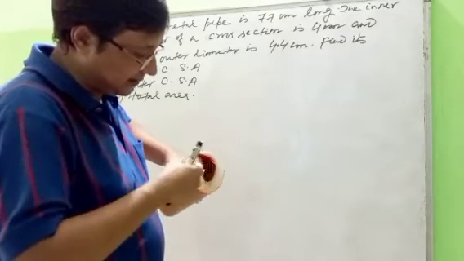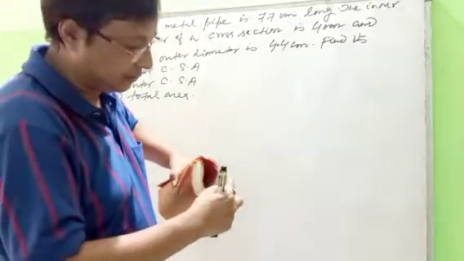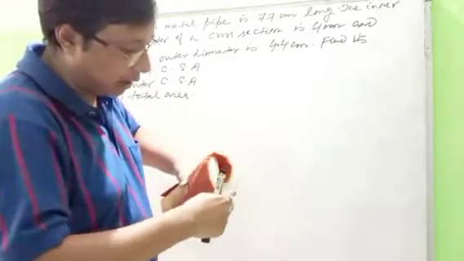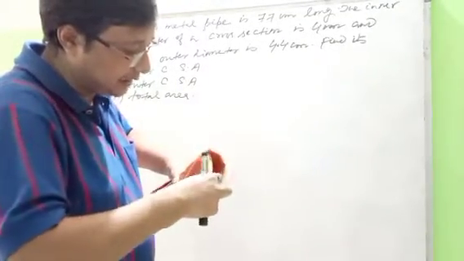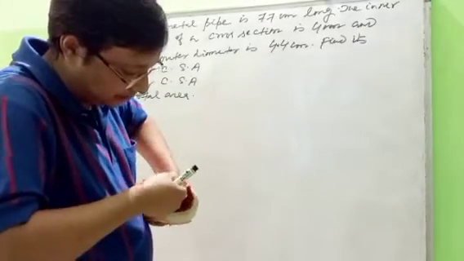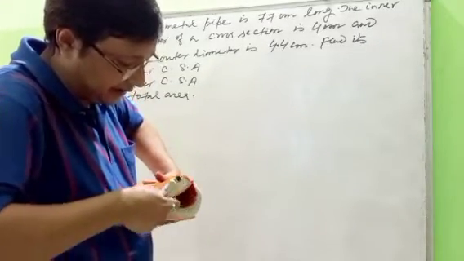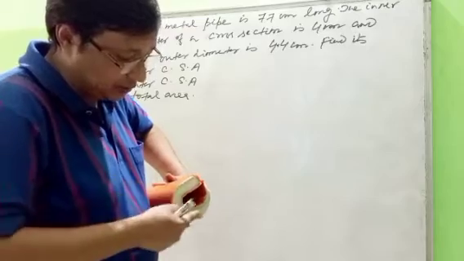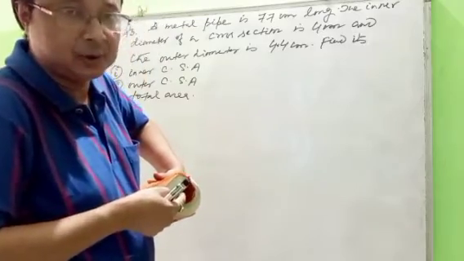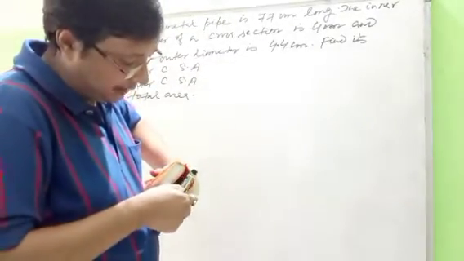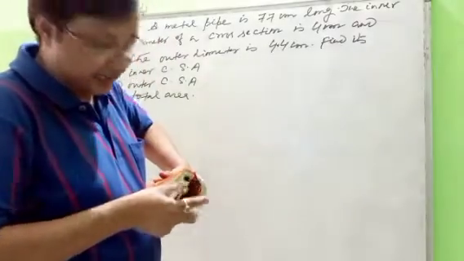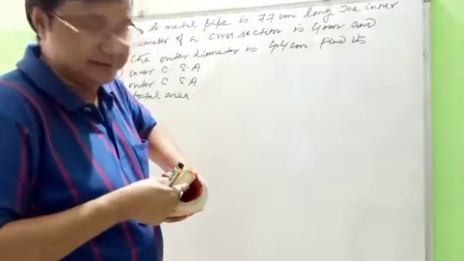That means there is an outer diameter, because there are two circles. One is the outer circle, one is the inner circle. This is the inner one, this is the outer one, and there is a common center. So you will get the outer diameter and the inner diameter.